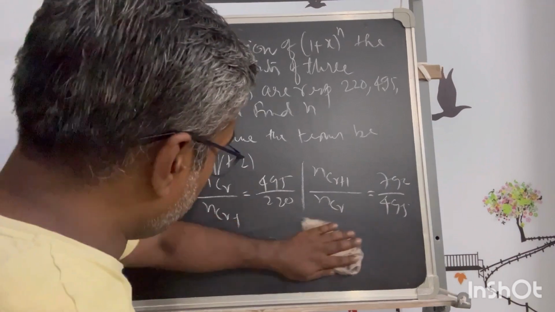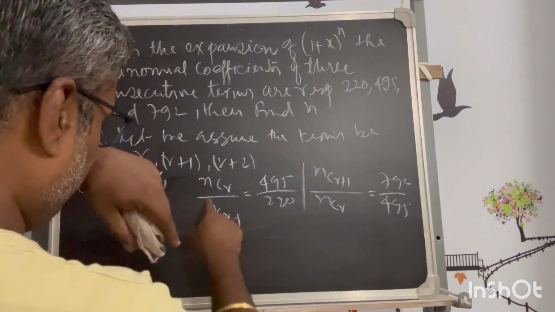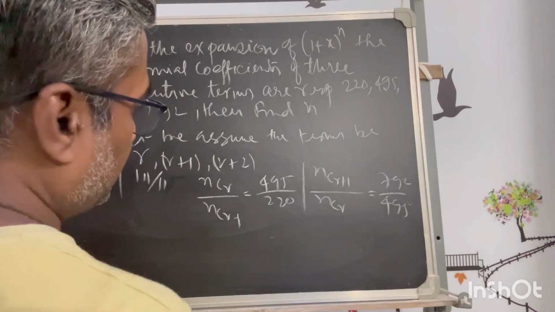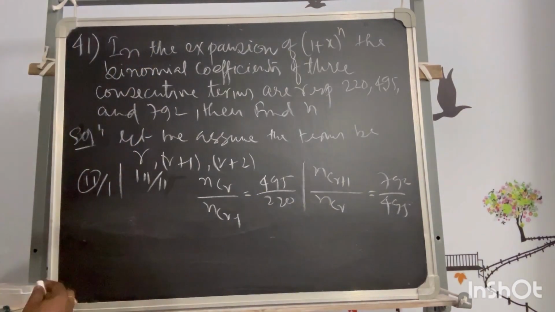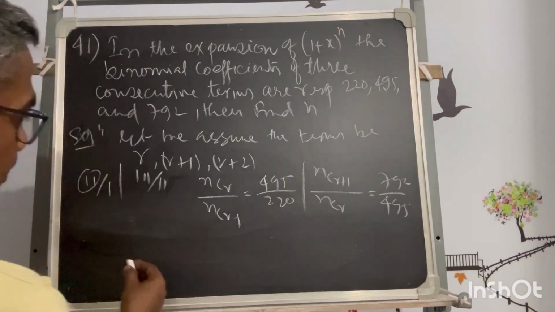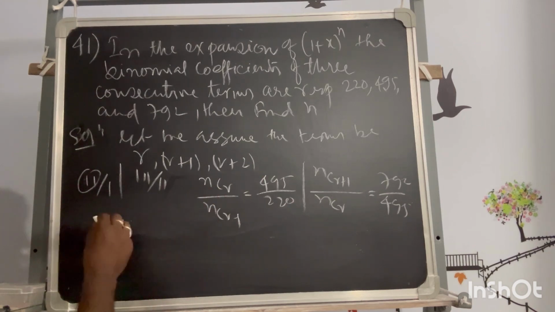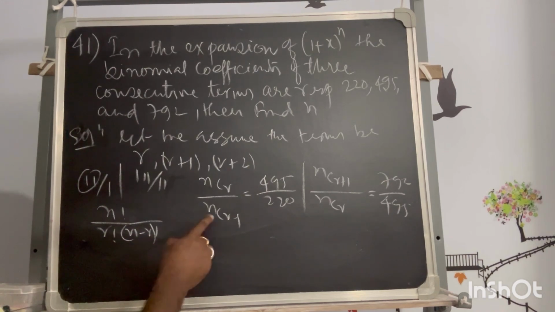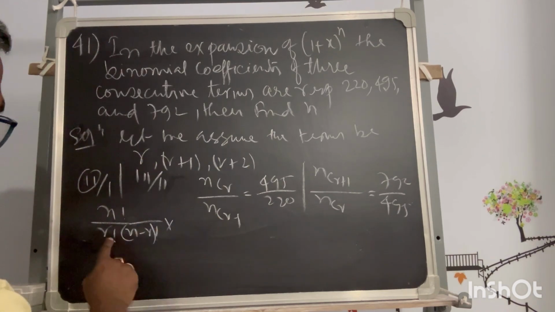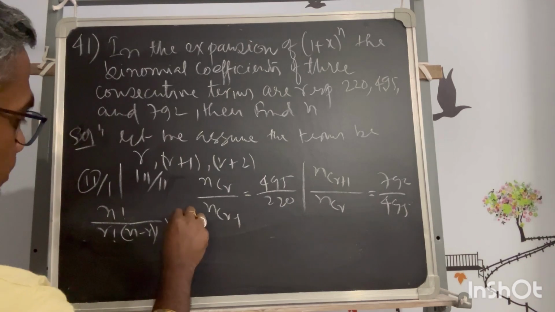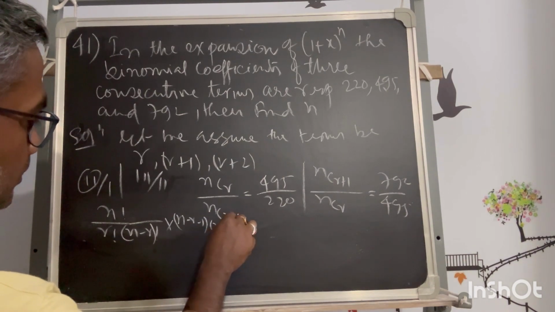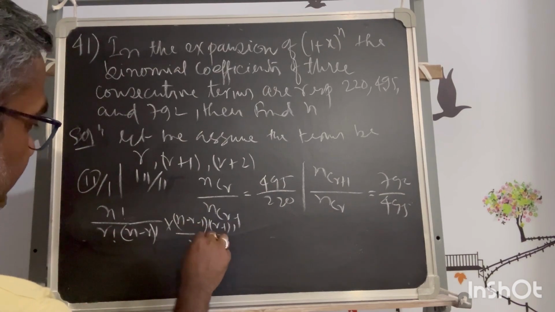I don't need anything further. Out of this, you see n and r are the only unknowns, and you will get two equations, so it is most likely that we will get the answer. nCr is factorial n over factorial r, factorial n minus r, and we turn it upside down. So factorial (n minus r plus 1) and factorial (r minus 1) will come, divided by factorial n.